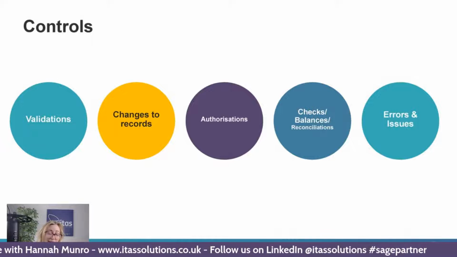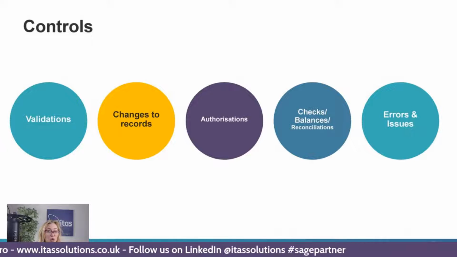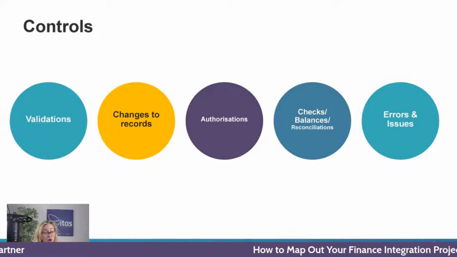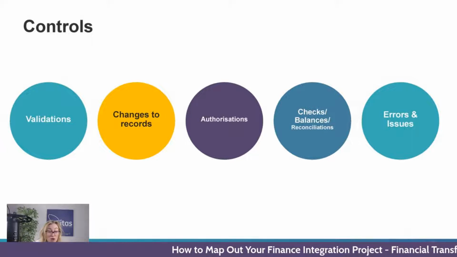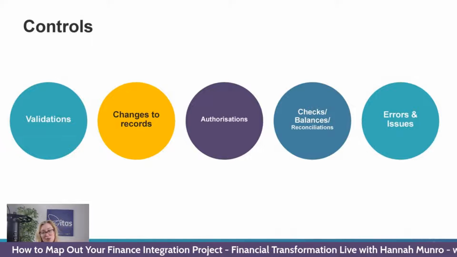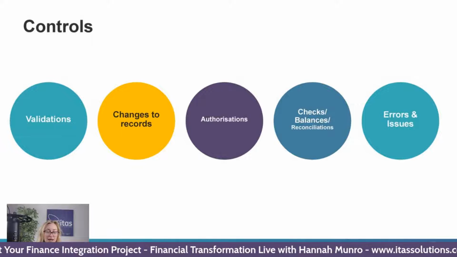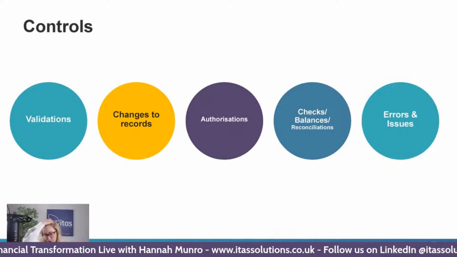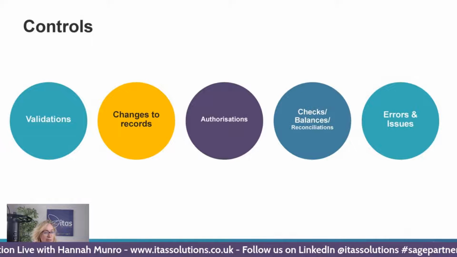And three, what information do they need to troubleshoot that error, fix it, and get it pushed across? So think about what happens when it goes wrong. Your validations are anticipating what could go wrong. Your errors and issues are about what happens when it does go wrong, and how you're going to manage those processes. And I think this is an area that a lot of people don't think about when they build out integrations.